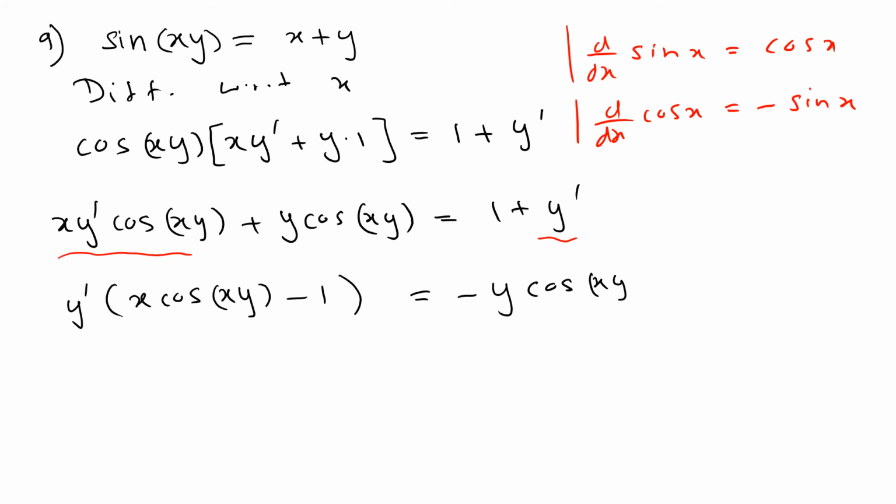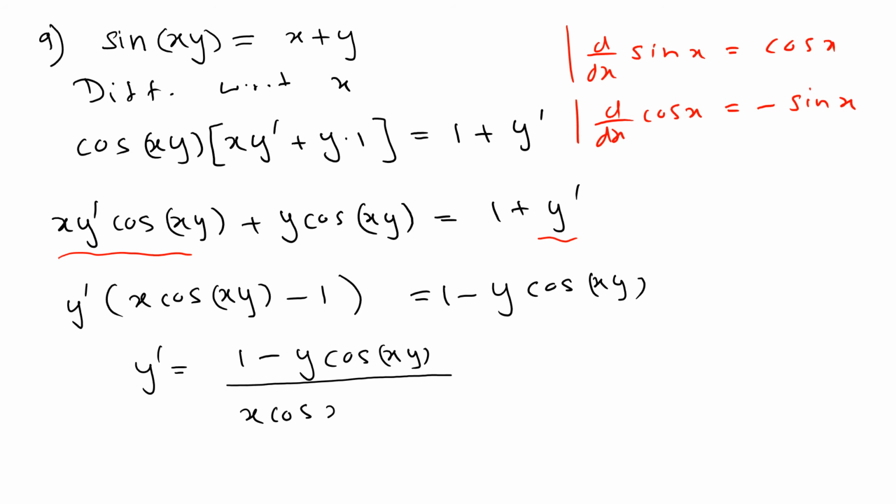Then we divide by the factor, so y prime equals 1 minus y cosine xy divided by x cosine xy minus 1. That's the answer. You cannot reduce the number of negative signs even if you switch the sign, so we can leave it like that. Let's look at the next one.